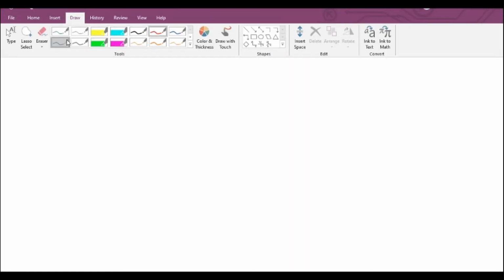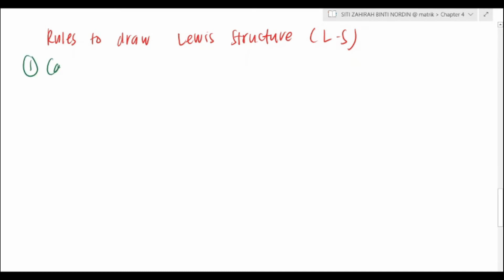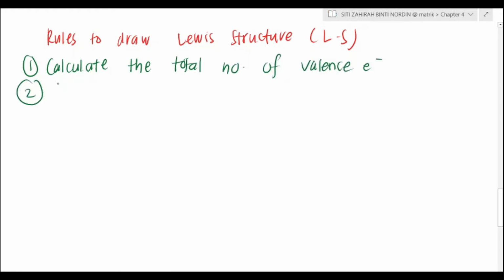Okay, the most important thing in chapter 4 is how to draw your Lewis structure, or short form LS. So the first step is to calculate the total number of valence electrons. The second step is to draw your Lewis structure. The third step is to minus the bonding pair electrons.